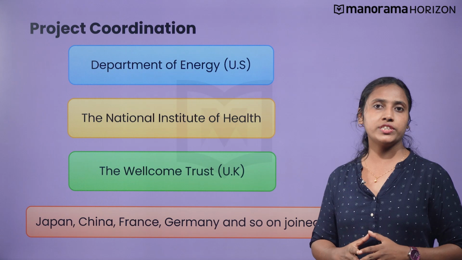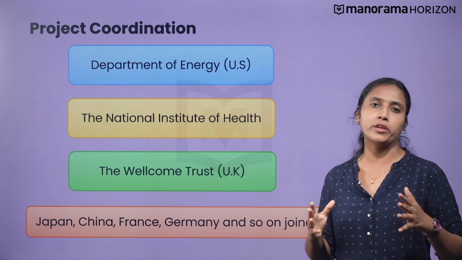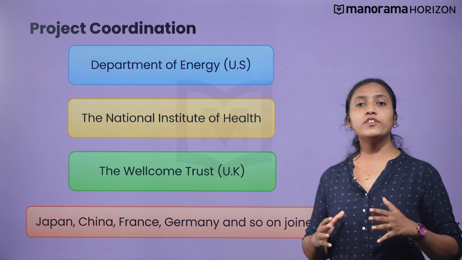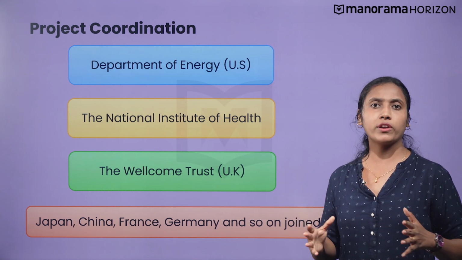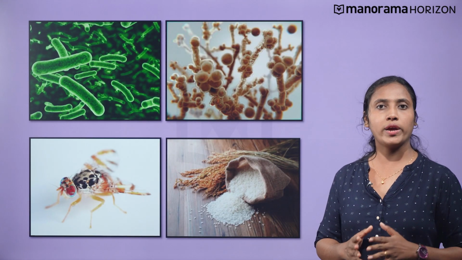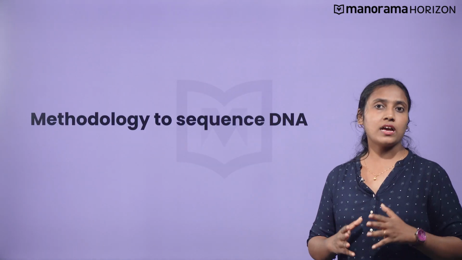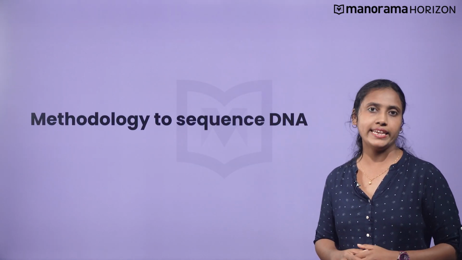Later, many countries such as Japan, China, France, Germany, etc. joined the project. After the successful completion of human genome sequencing, many organisms such as bacteria, yeast, Drosophila, rice, etc. were sequenced. Let us now see what methodology was adopted to sequence the DNA.